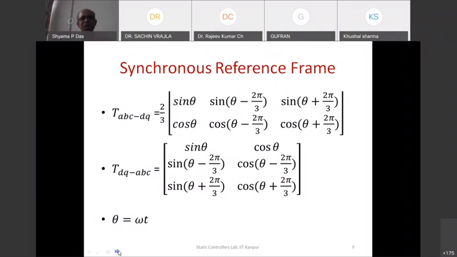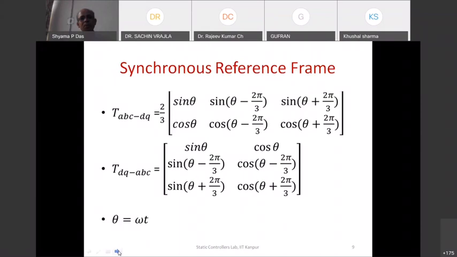Now when we differentiate this theta, we get d theta by dt, in addition to sine becoming cos and cos becoming minus sine. So when the transformation is applied, we automatically have a speed term coming into the picture.